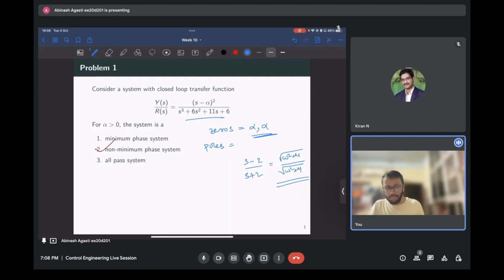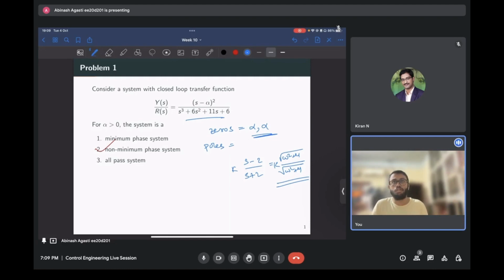There could be some gain multiplied here that might remain. But the magnitude of the transfer function will be independent of the frequency terms. That means every frequency that comes in will pass via some constant gain k or 1 or whatever it is.